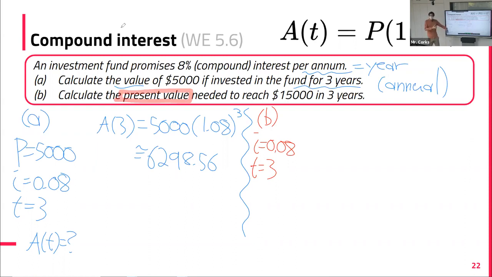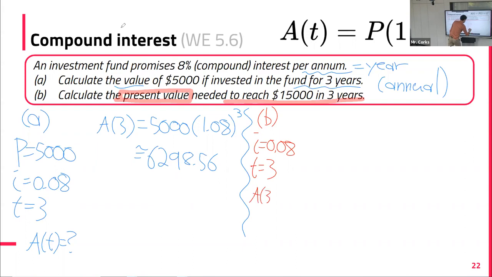It could mean some investment from the past and it's grown to a present value. It could mean we're starting now and we're talking about some future value, but the rest says needed to reach this much in 3 years. So the other part tells us, okay, by present value, they mean principal. So we're starting now. So that's what we need.